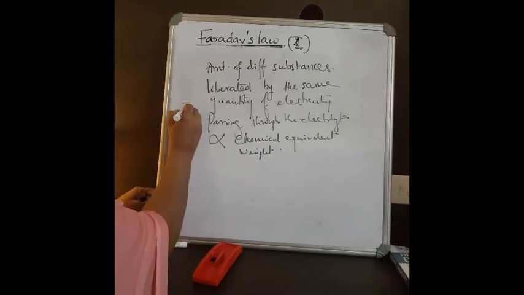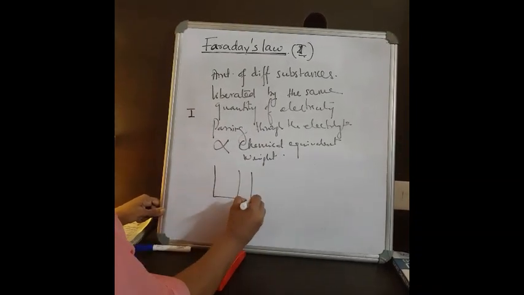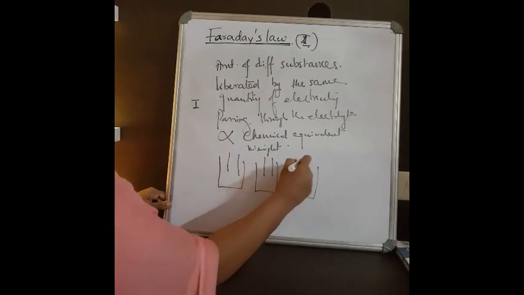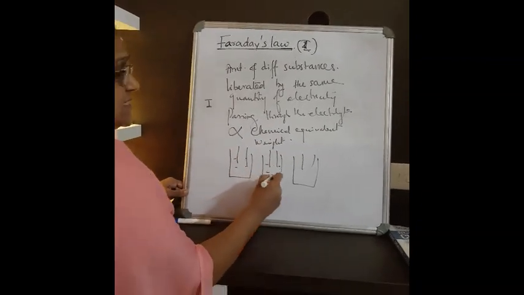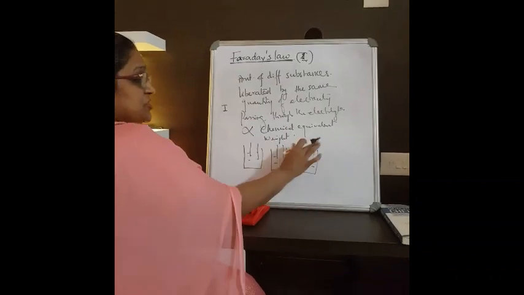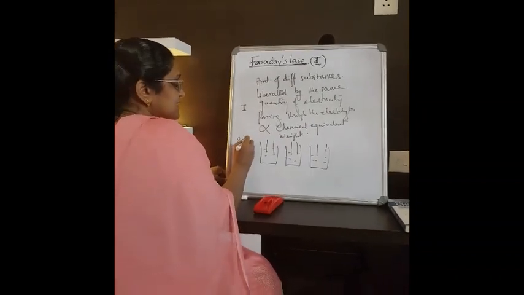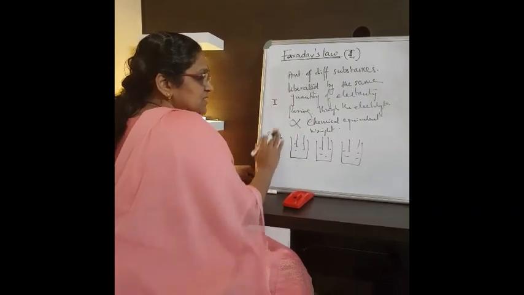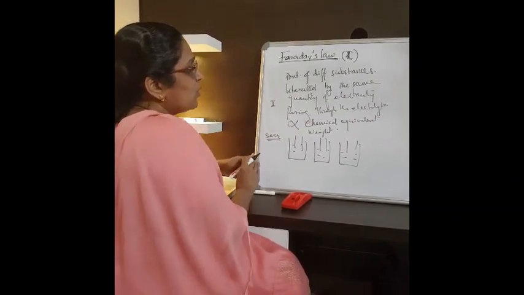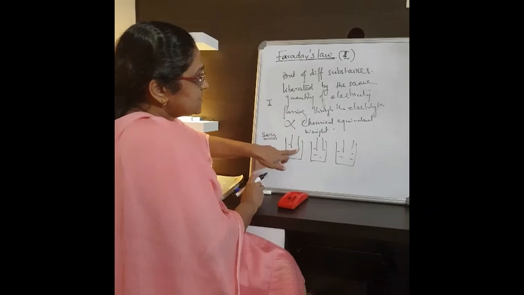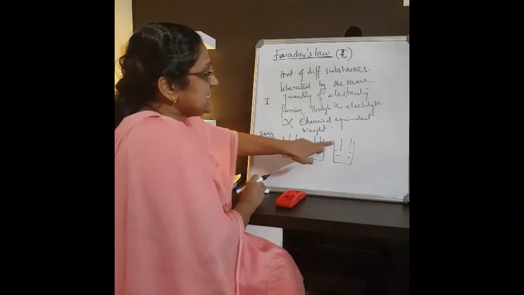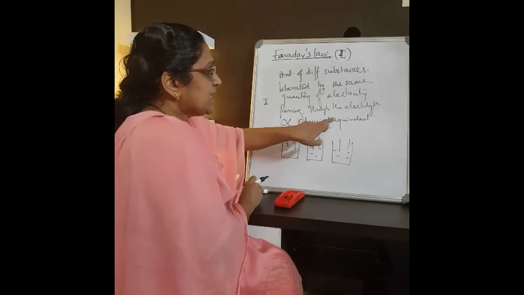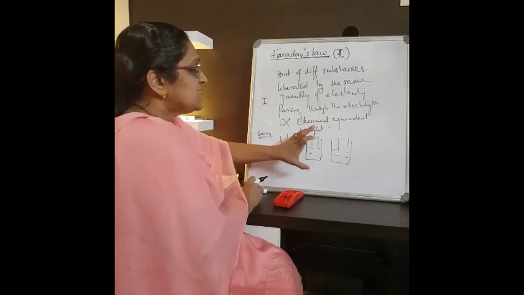See, if there are 2 or 3 electrolytic cells in which the same electricity is passed, in connection with these 3 cells, that is in series. You are putting all the 3 cells in series. The same current I is passing through it, and at the same time, what happens? The amount of substance which is getting deposited at each electrode is directly proportional to the chemical equivalent weight of that electrolyte.